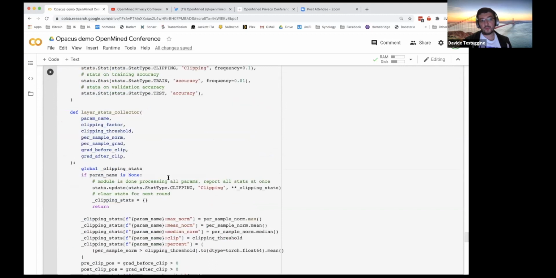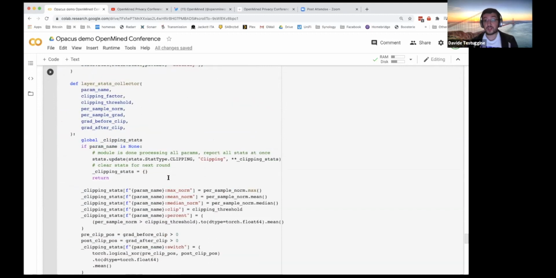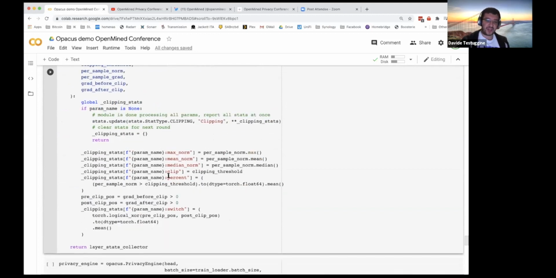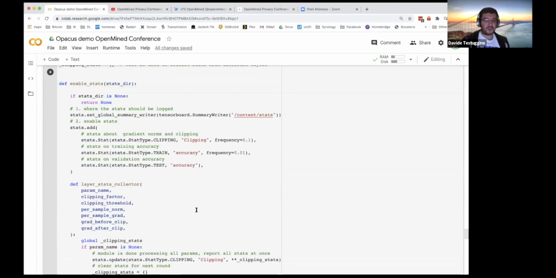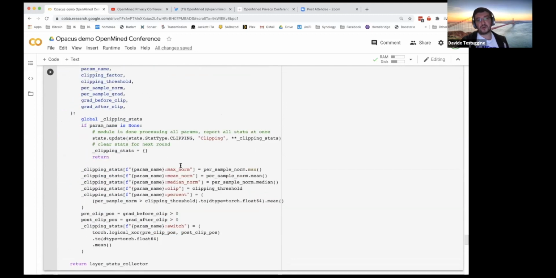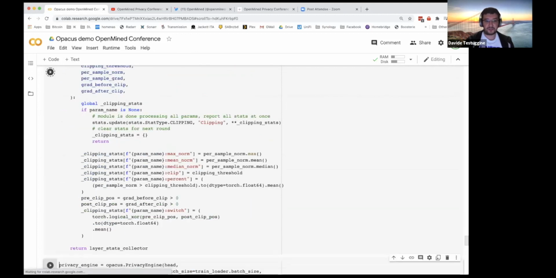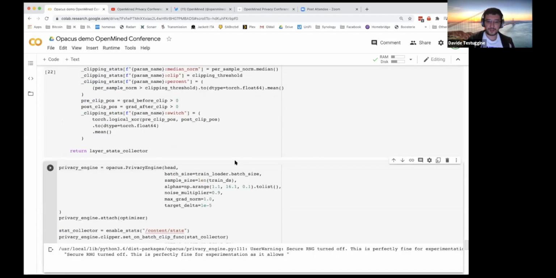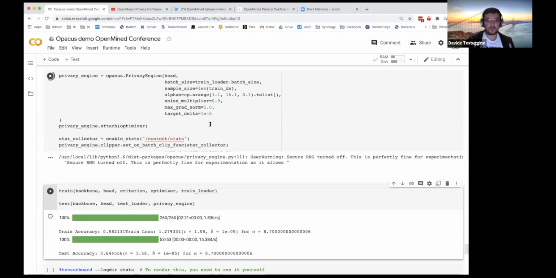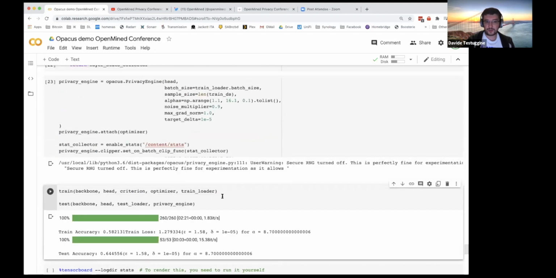Clipping will be one of the things that interests us the most. We're trying to figure out what it does, when it does it, what's going on. So in this case, we wrote a function to make sure we got all the stats around clipping, and this is supported in the privacy engine. Let's run this again for one more epoch.